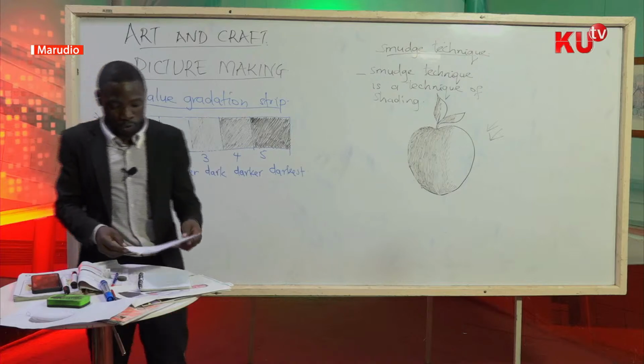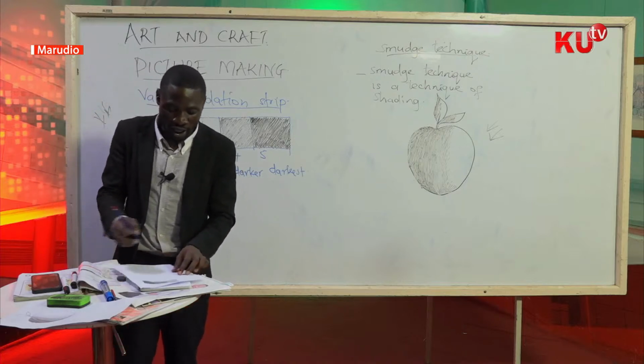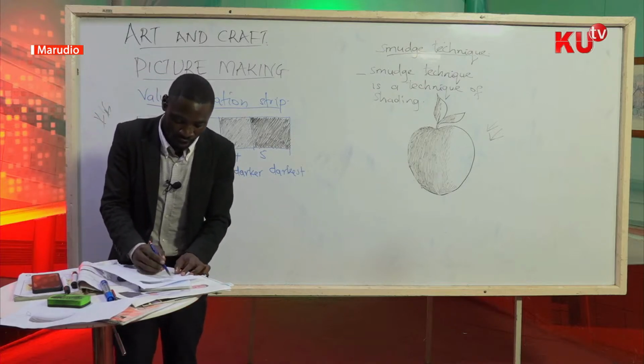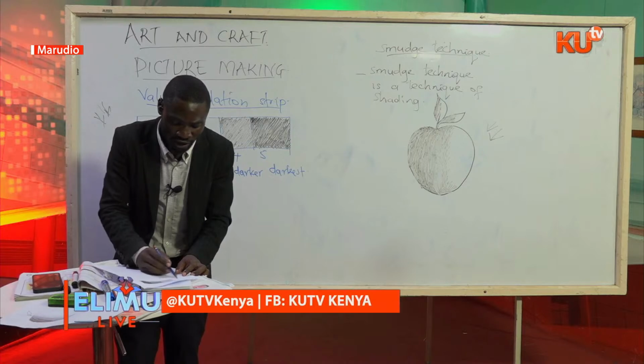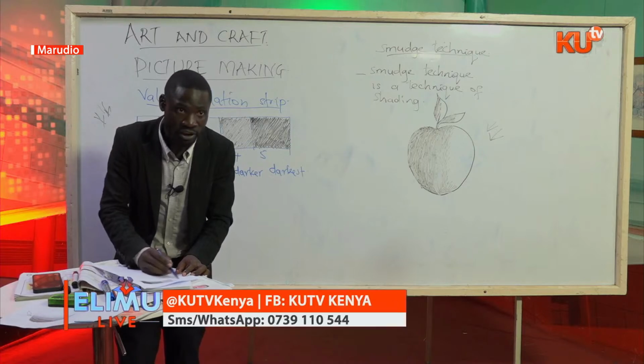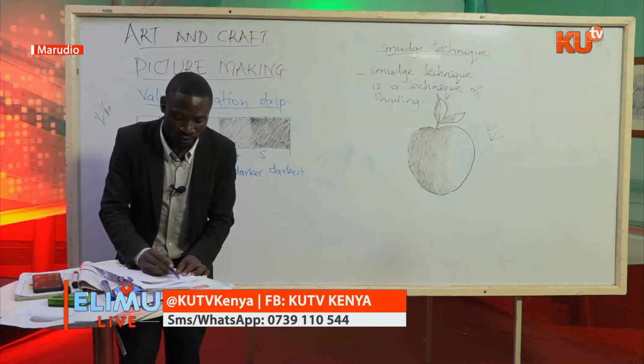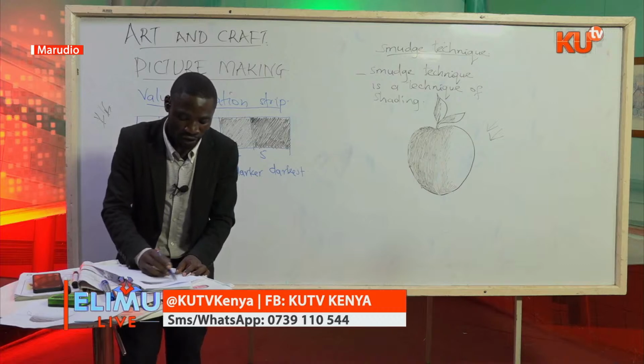We are going to the next one, that is box number 2. Box number 2, we will shade it slightly. As we shade, remember that we are moving towards the lighter side.